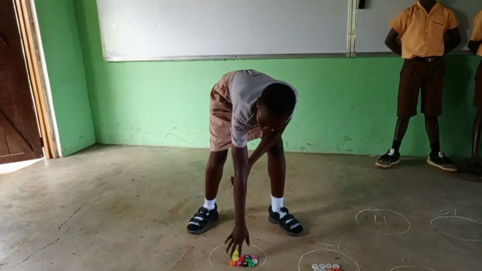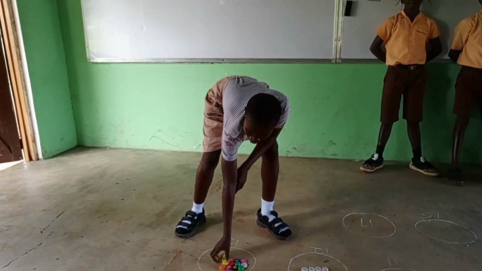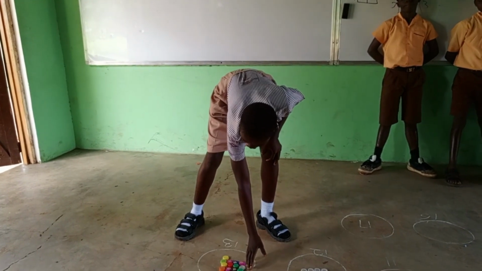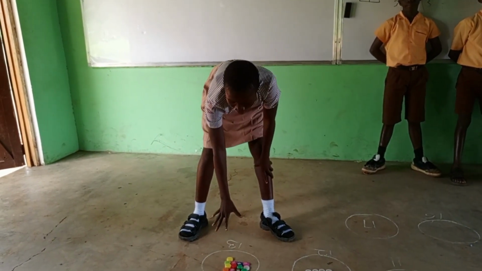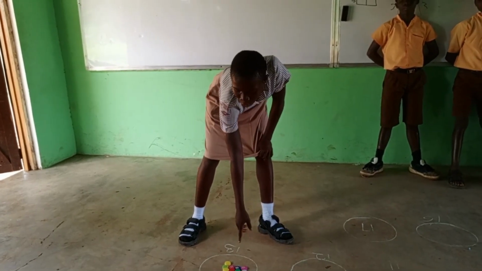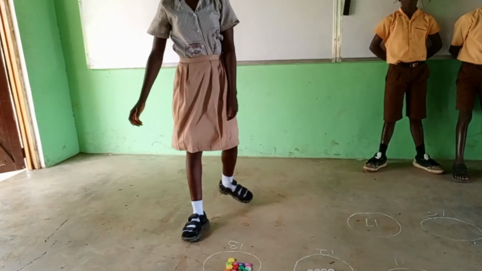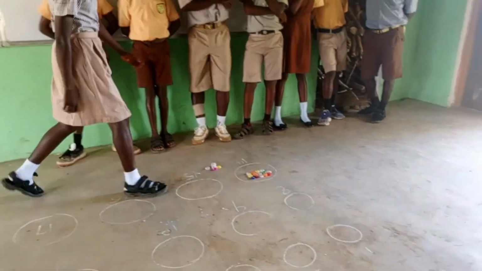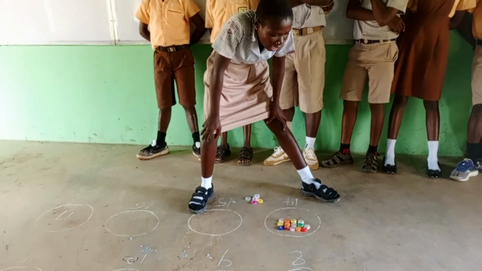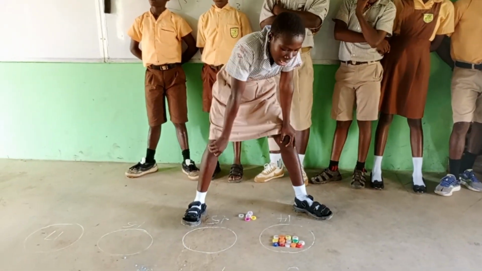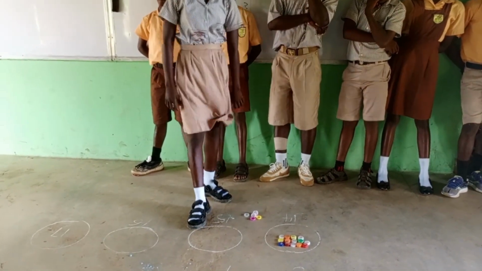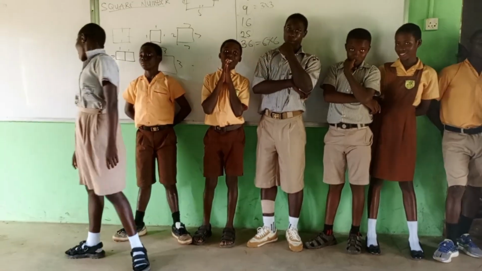The length has 4 and the breadth also has 3, so 13 is not a square number. If you come here, we have 14. 14 also has a length and a breadth. The length has 5 and the breadth has 3, so it's not a square number. Okay, let's count for them.